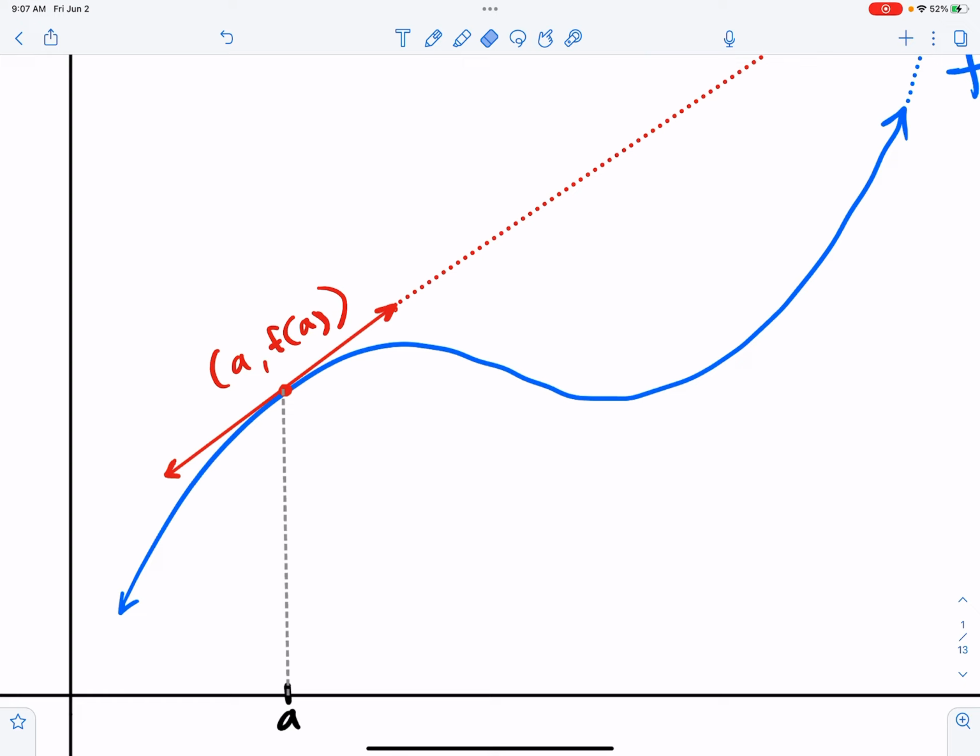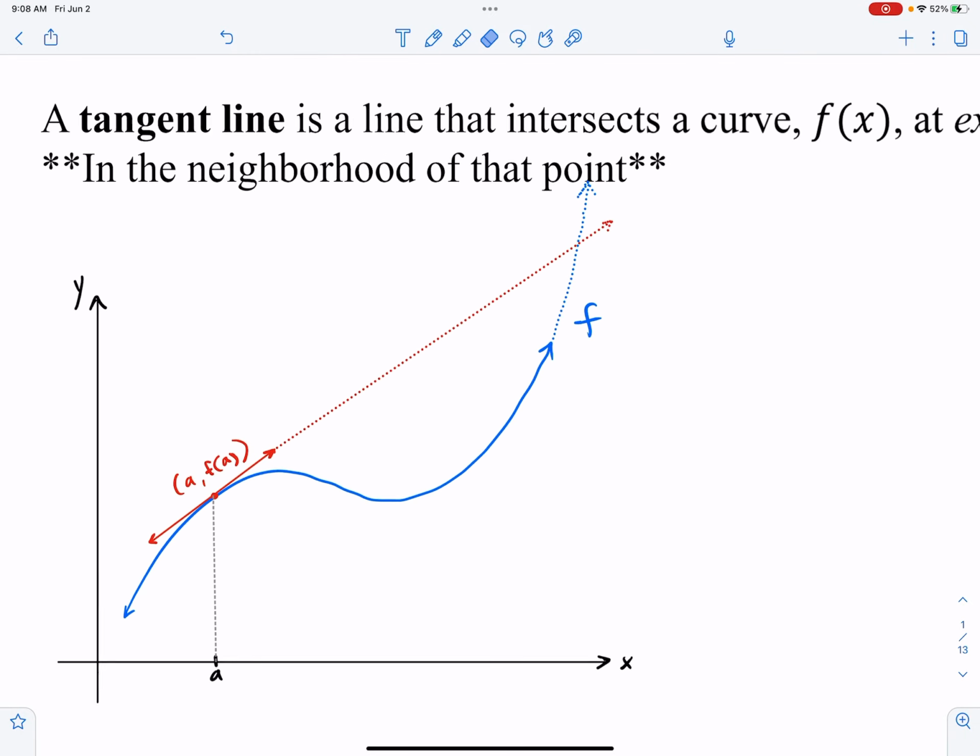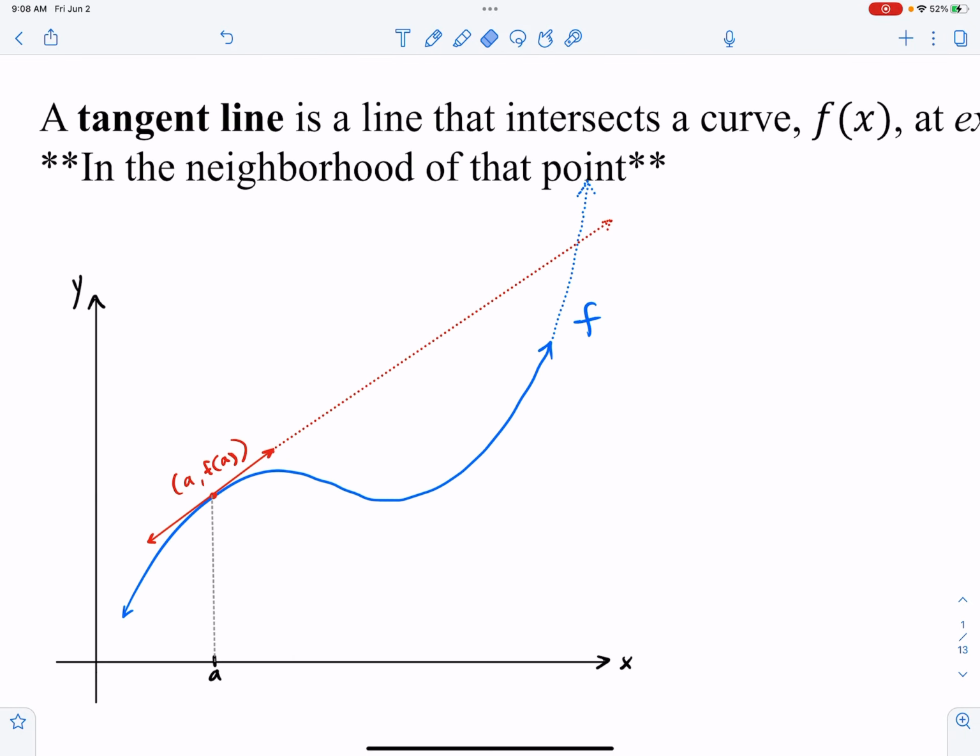Meaning the curve f we would refer to as being locally linear. It would almost look like f is a line, the more and more zoomed in you get. And because of that, the tangent line is going to tell us something interesting about the graph of f.